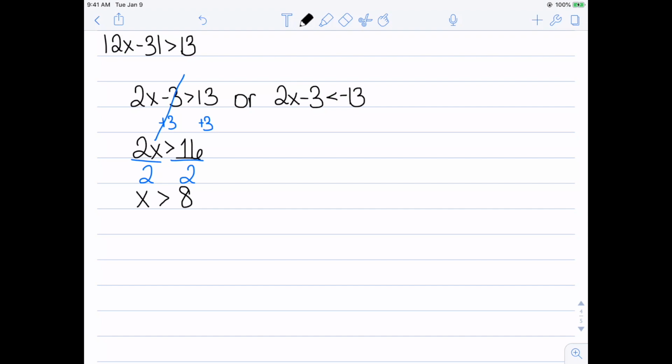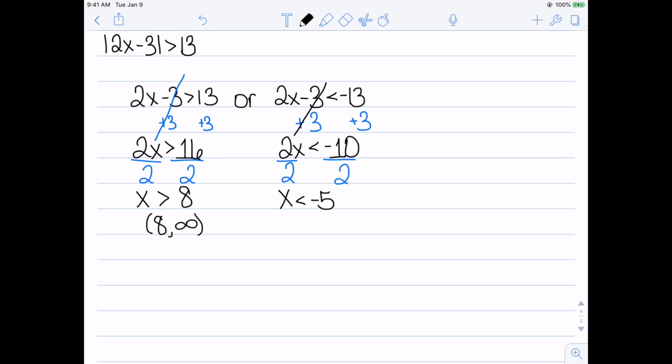Now let's look at the second inequality. We start by adding 3 to both sides, which gives us 2x is less than negative 10. Dividing both sides by 2 gives me that x is less than negative 5. Now let's try to write this in interval notation.